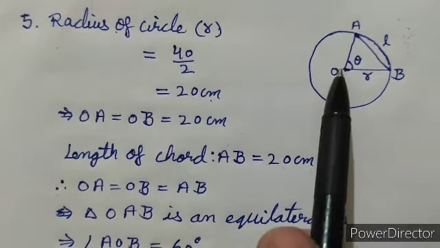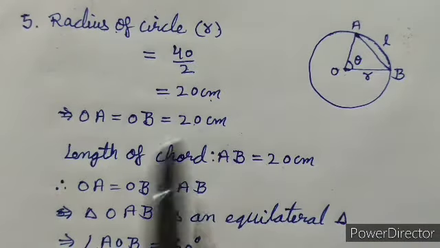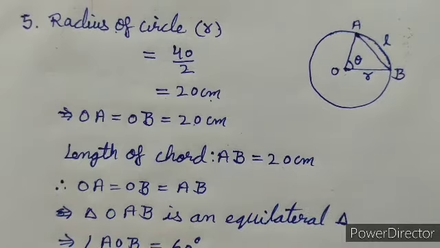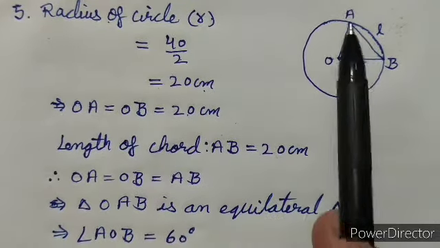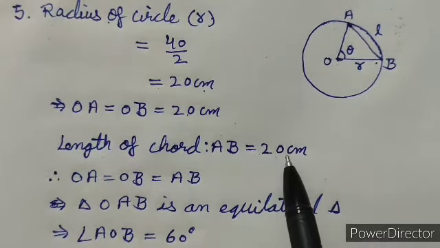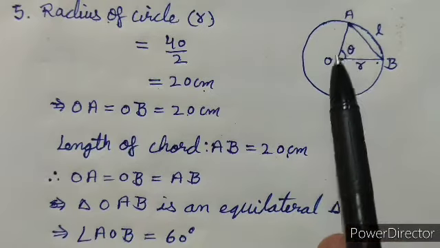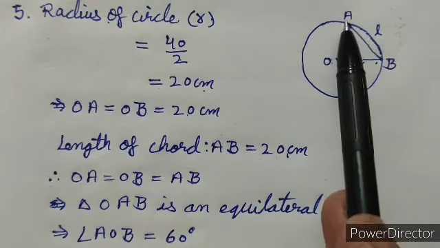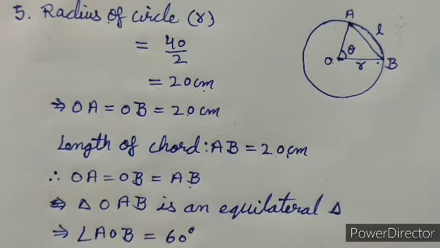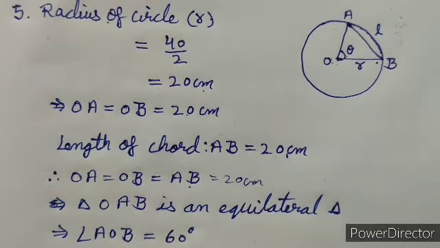Here we can say that OA will be equal to OB, that is equal to 20 centimeter. Length of chord AB is given to us as 20 centimeter. So from here we can say that OA is equal to OB, and that is equal to AB, which is equal to 20 centimeter.